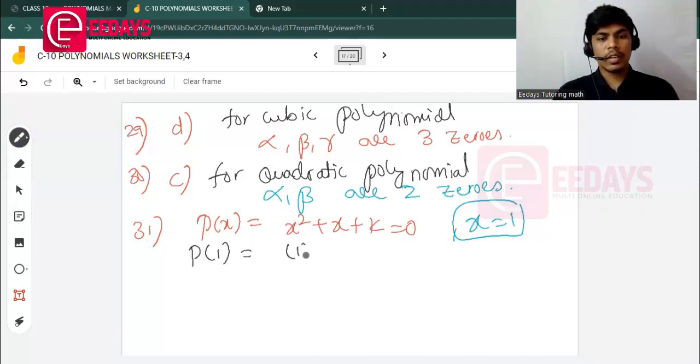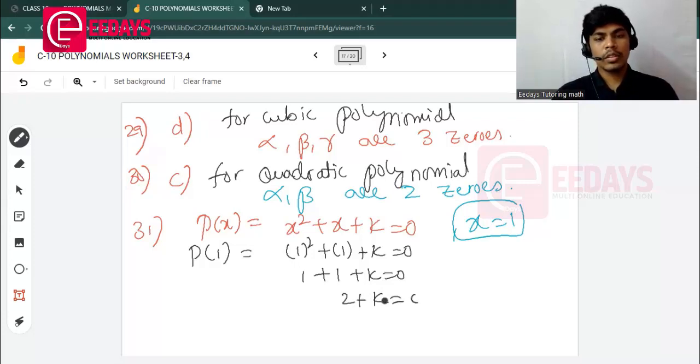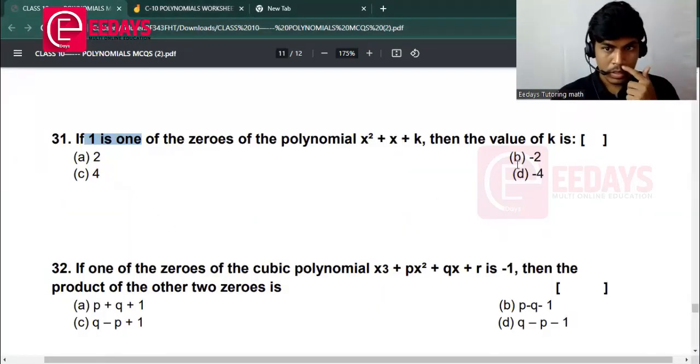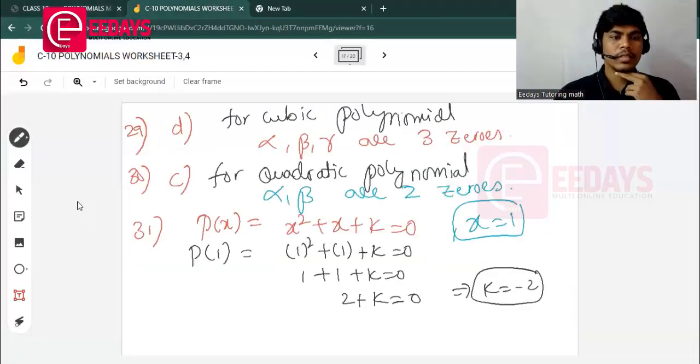So 1 square plus 1 plus k is equal to 0. 1 plus 1 plus k is equal to 0, so 2 plus k is 0, then k is equal to minus 2. Easy question. Option B is the correct answer.